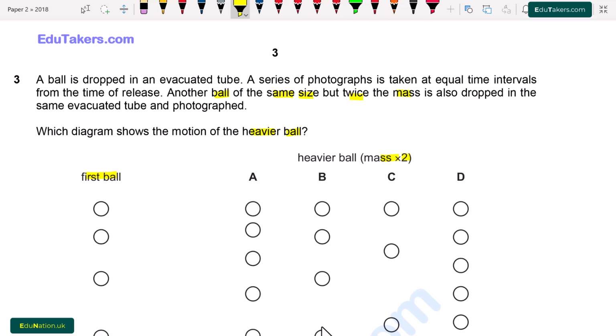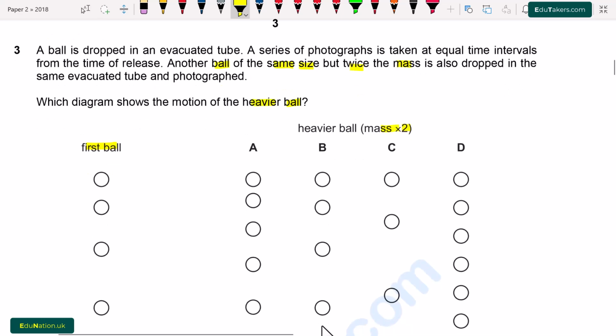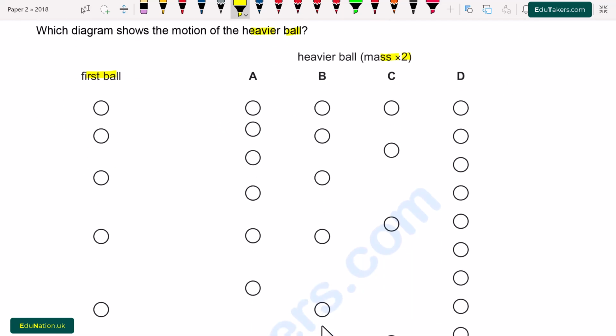We know that in the evacuated tube there is no air resistance to affect the motion of the object. And any object, regardless of its mass, moves with the same value of acceleration, that is the gravitational acceleration. So both of the balls follow the same trajectory. We see the trajectory of the first ball, the distance between the two balls.